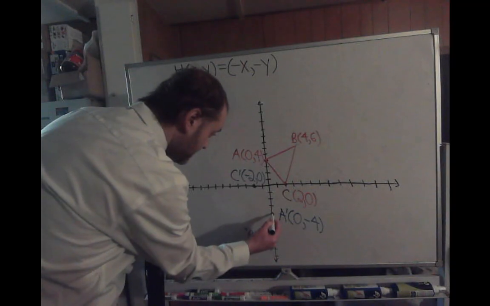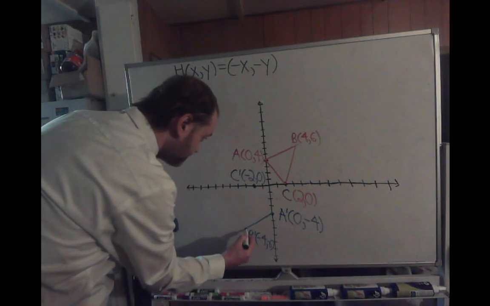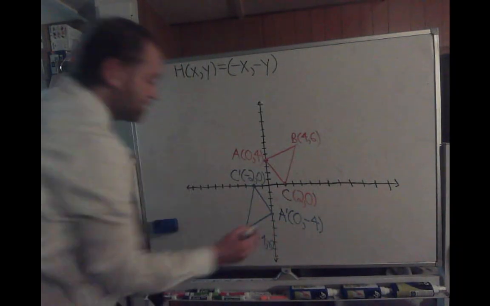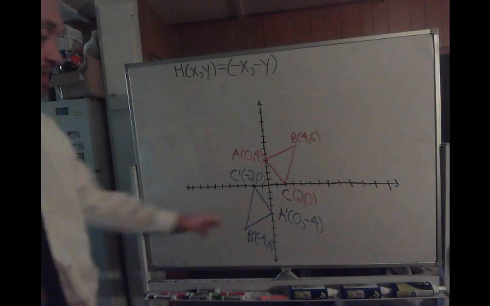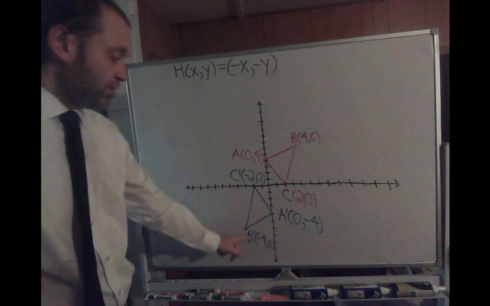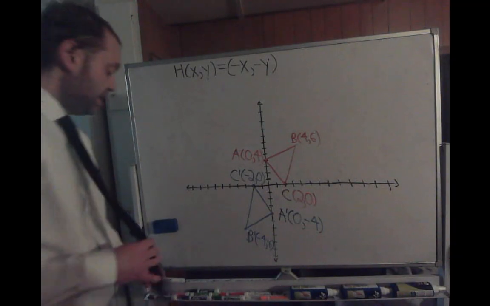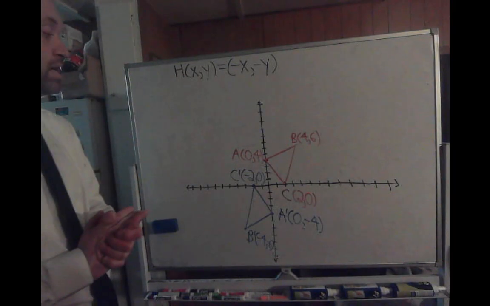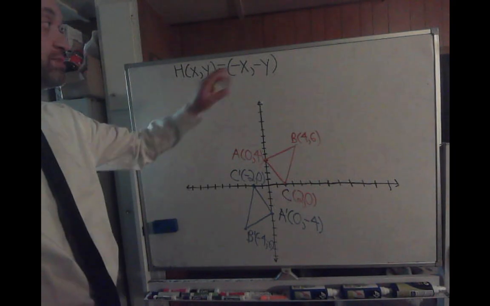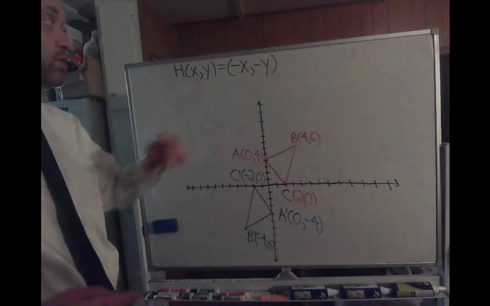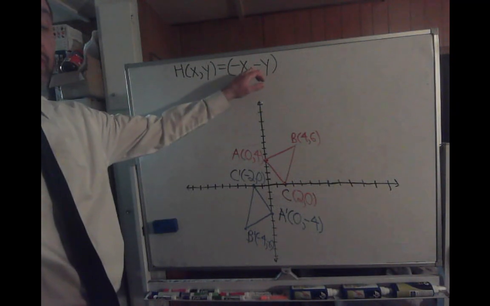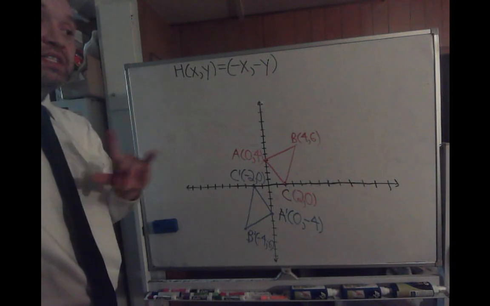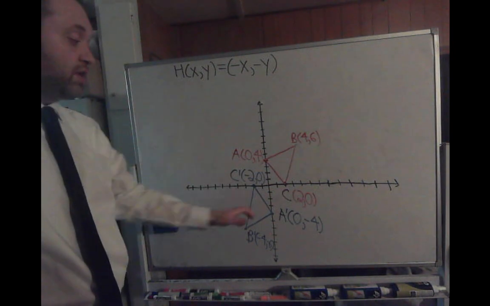So let's go ahead and connect these dots. And there's my triangle A prime, B prime, C prime. Now let's talk about what happened here. If you take the absolute value of the coefficient and it's still 1, because you got negative 1 for your coefficient, and the absolute value is still exactly 1, then they're isometries.